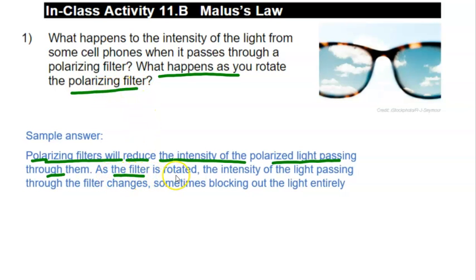As you rotate the polarizing filter, the intensity of the light passing through the filter will change. As the rotated angle changes, the intensity of the light passing through the filter will also change. Sometimes it changes until it blocks out the light entirely.